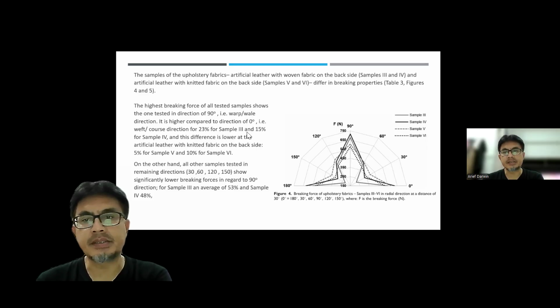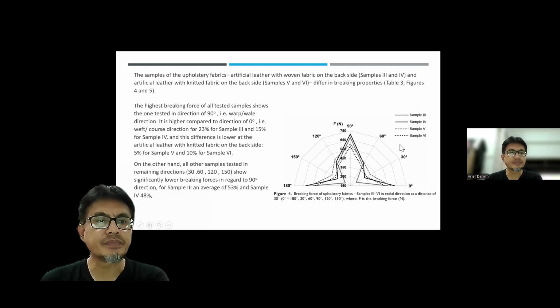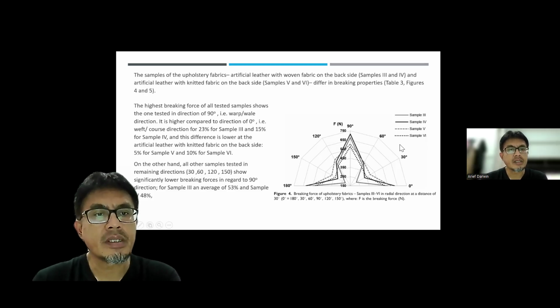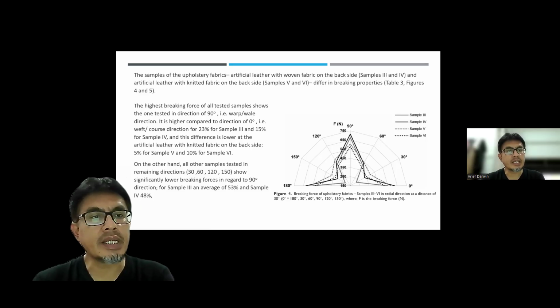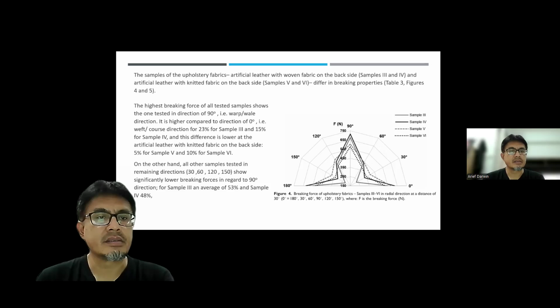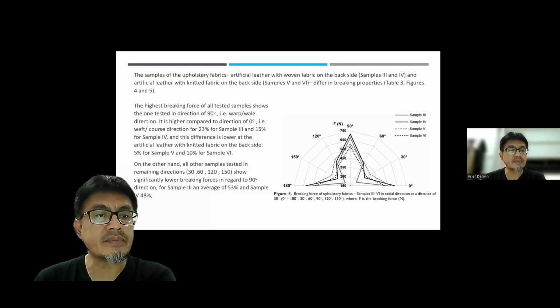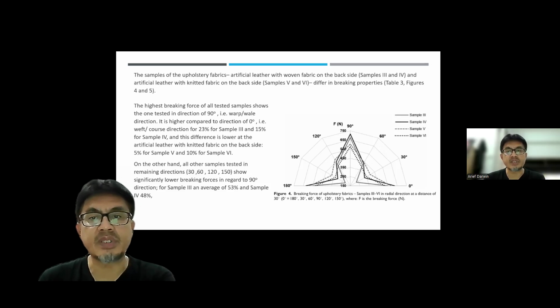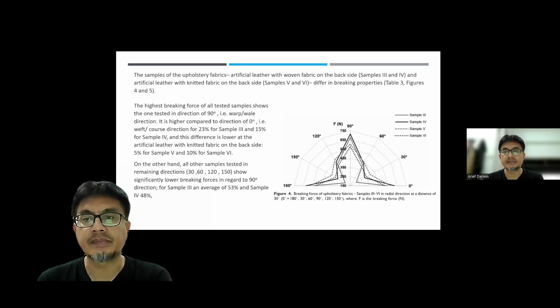on sample 3, and about 15% for sample 4. This difference is lower for the artificial leather with knit fabric on the backside, which is 5% for sample 5 and 10% for sample 6. Yeah, this one.